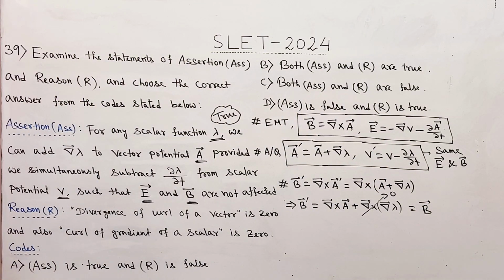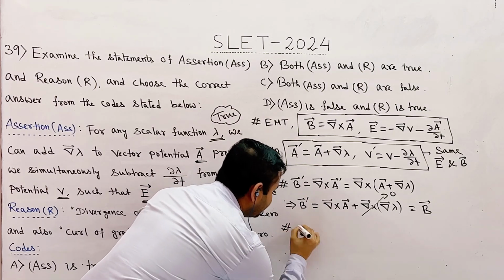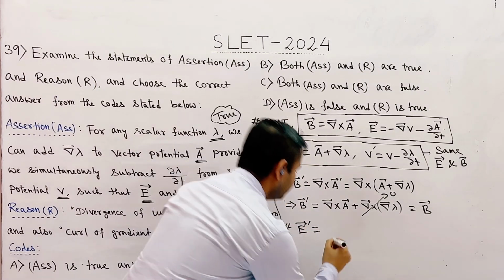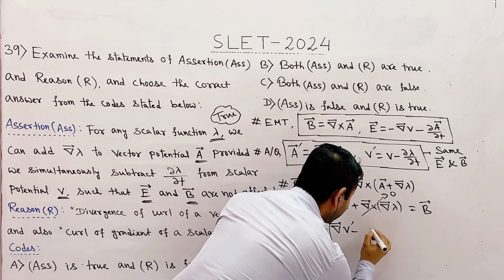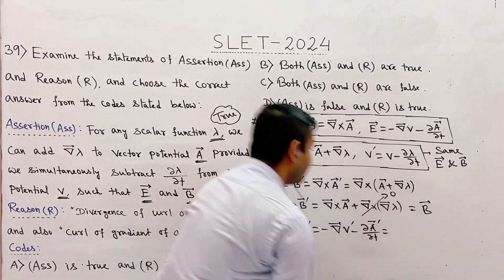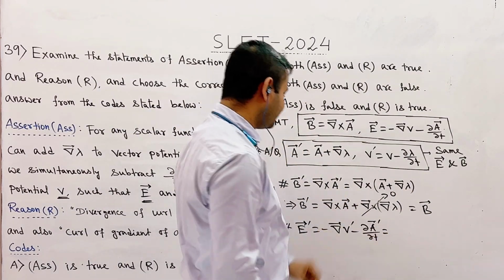Okay? Next, let us find out the new electric field vector. E prime will be equal to minus gradient of V prime minus del A prime by del T. Next, let us substitute the values of V prime and A prime here.